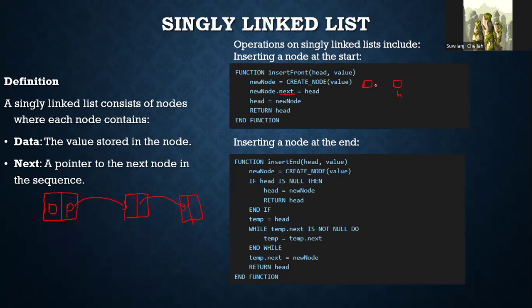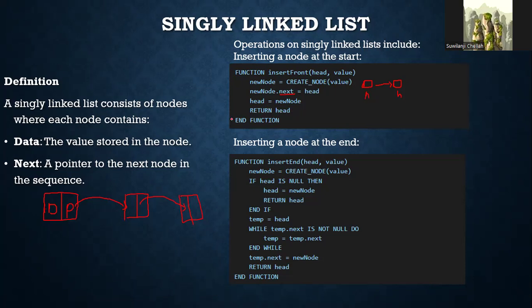Meaning the next reference here is going to contain data from the head. Pay attention now. Then the head itself, the head value, because now we've inserted the head data, is going to be equal to the new node. So this is going to be the new head, and then it's going to be the node.